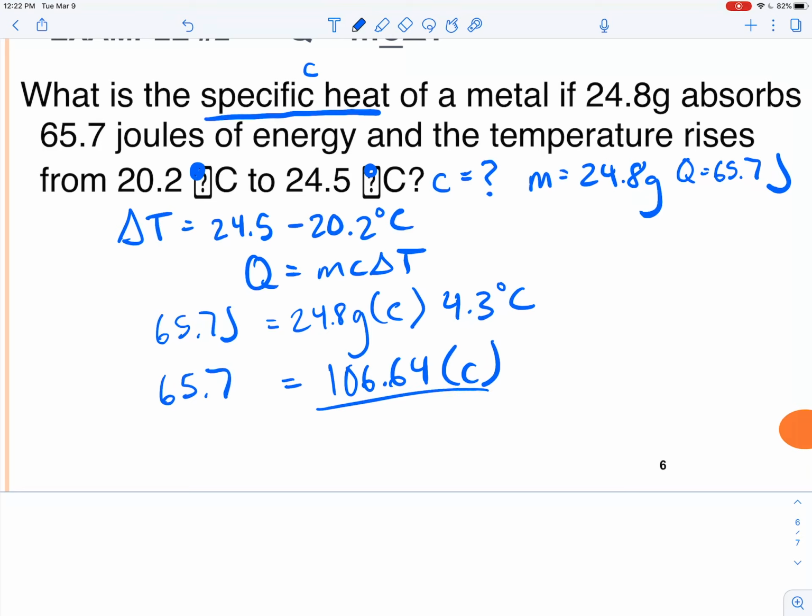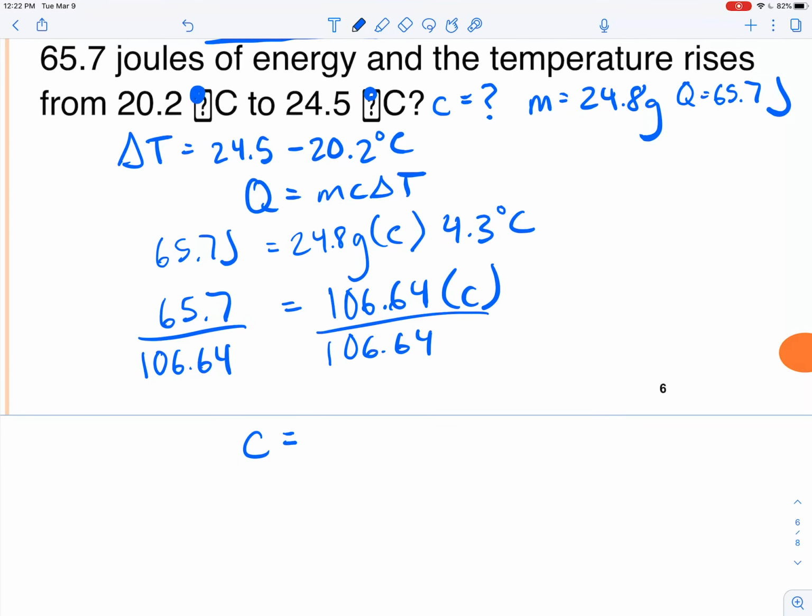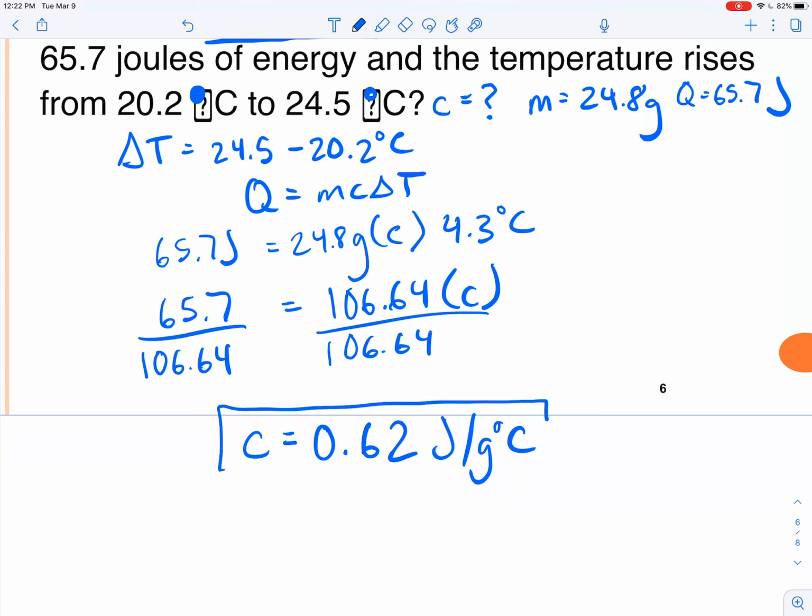I want to solve for the letter C here, so I'm going to divide both sides by this number, and I get 0.62. We'll just round it off. Remember, the units are joules per gram degrees Celsius, and that's my final answer.